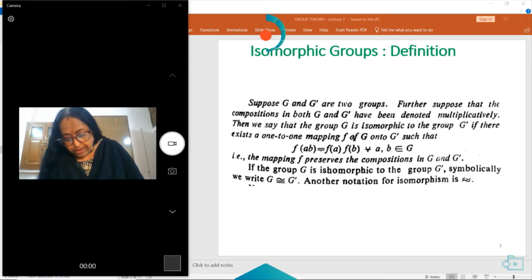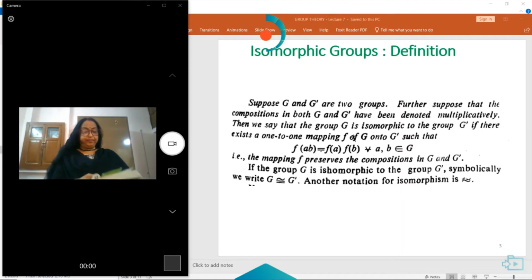If the group G is isomorphic to the group G dash, symbolically we say that G is isomorphic to G dash, as shown on your computer. Another notation for isomorphism is also given.